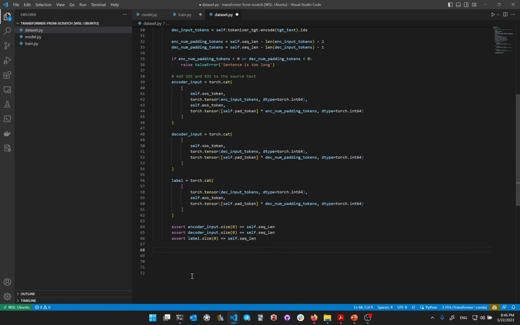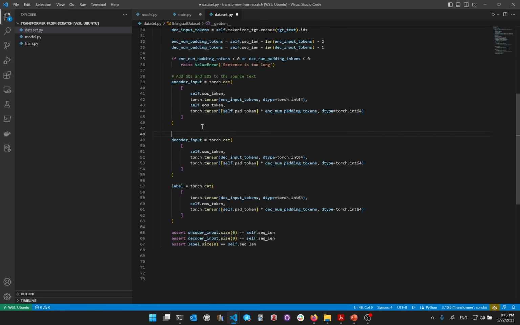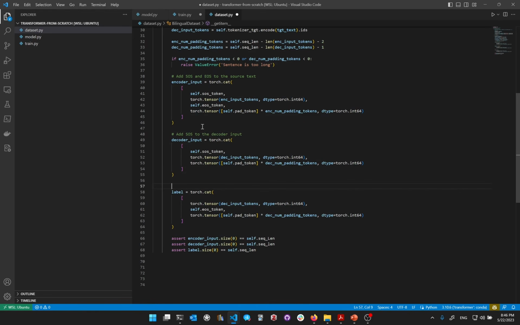Okay, now that we have made this check, let me also write some comments here. Here we are only adding SOS to the decoder input, and here we add EOS to the label, what we expect as output from the decoder. Now we can return all these tensors so that our training can use them.